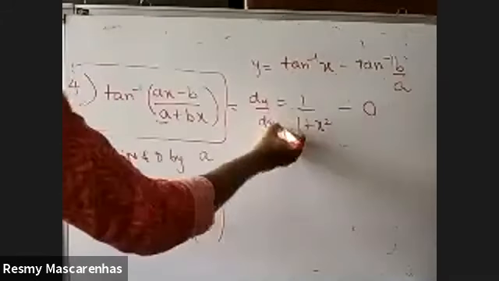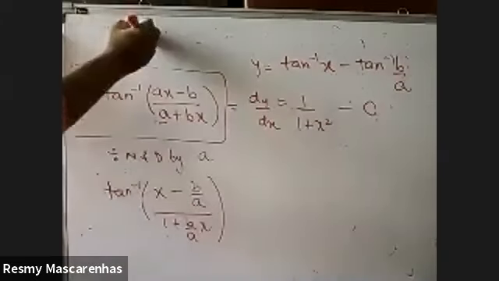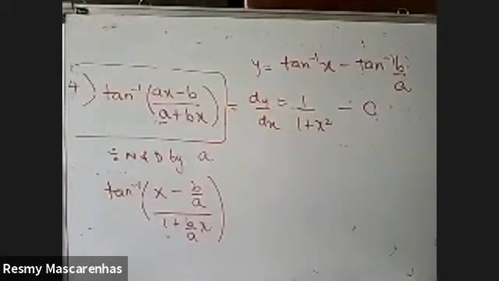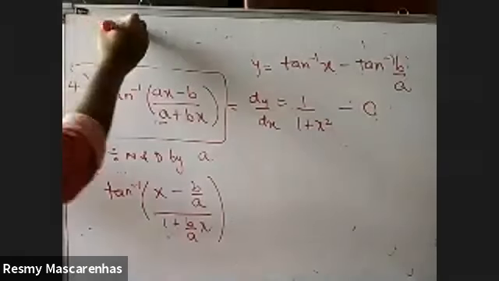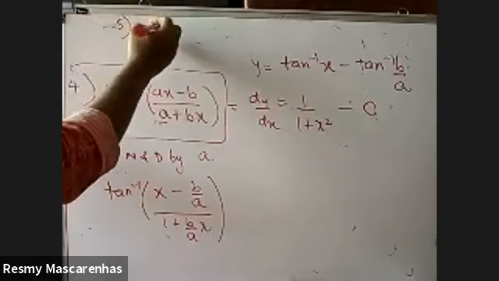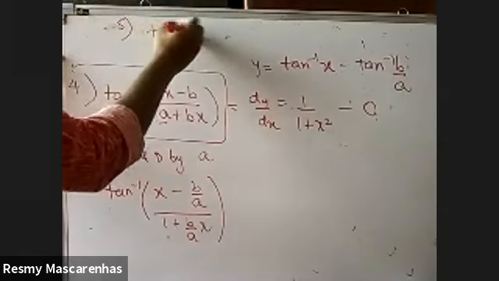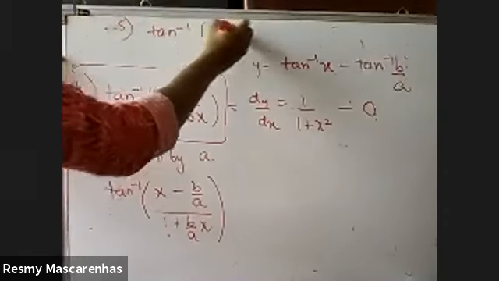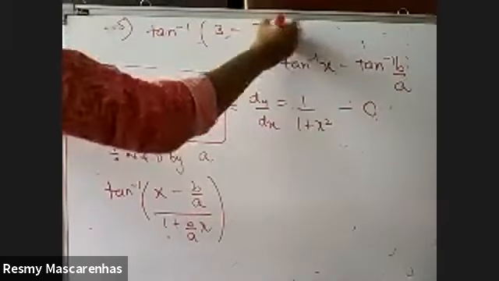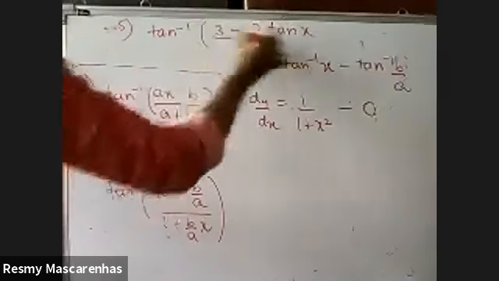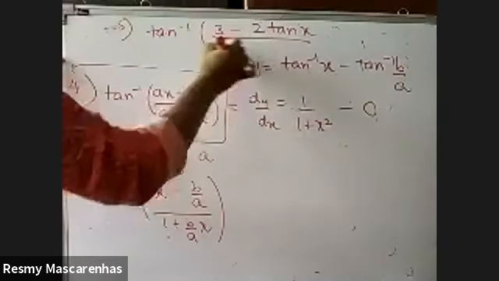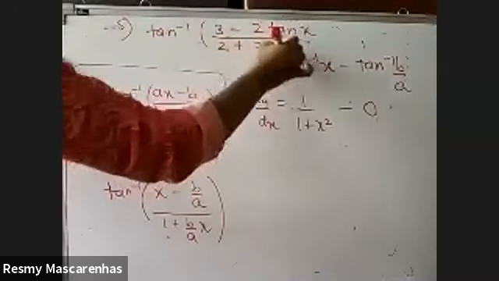And the last one on this, fifth one, tan inverse of 3 minus 2 tan x upon 2 plus 3 tan x.